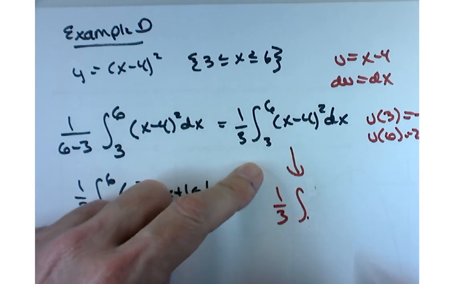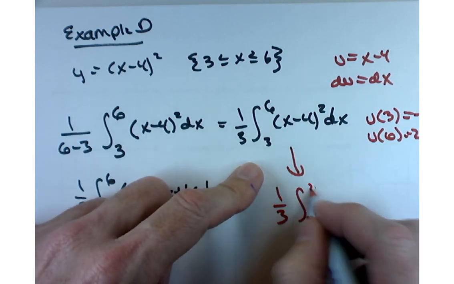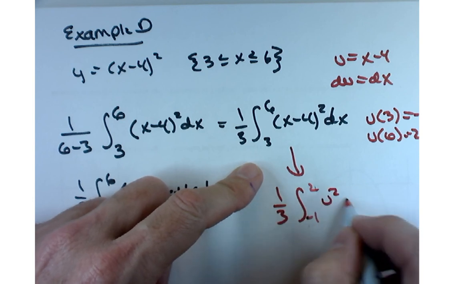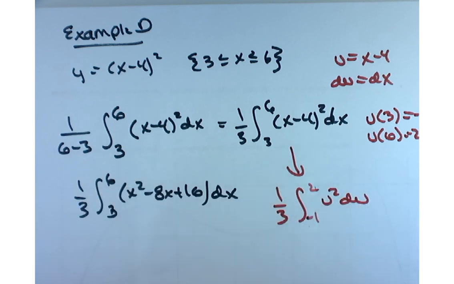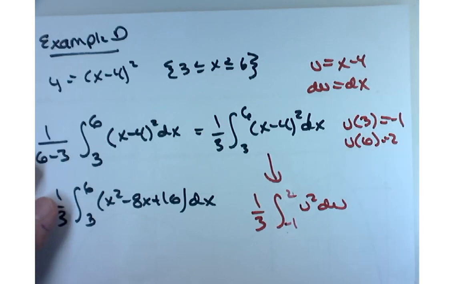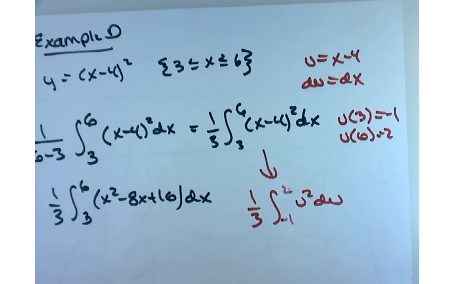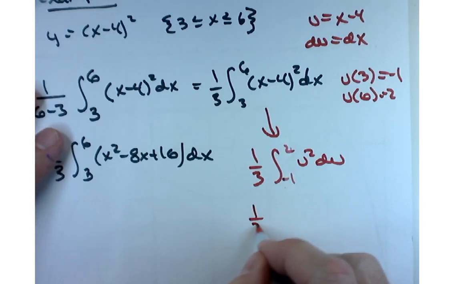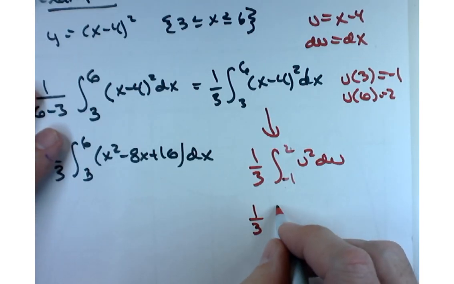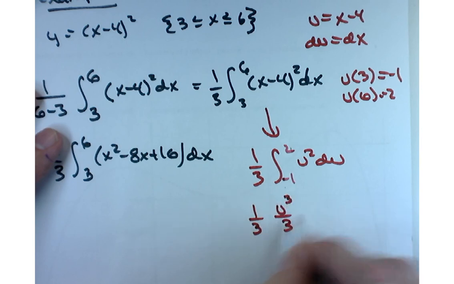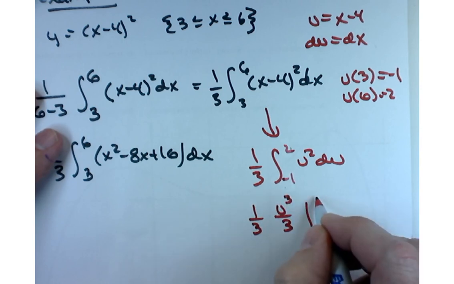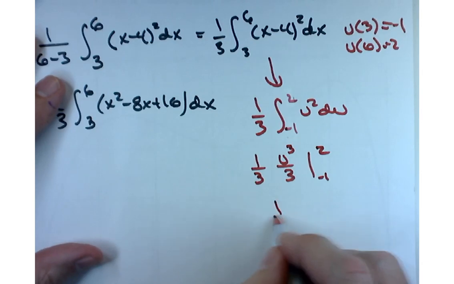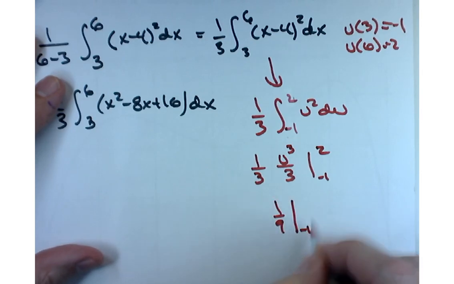So it's going to be -1 to 2 of u squared du. And like I said, the nice thing about this is that when du equals dx, your u substitutions are very, very user-friendly. That's going to be 1/3 u cubed over 3 between -1 and 2, or 1/9 times u cubed from -1 to 2.